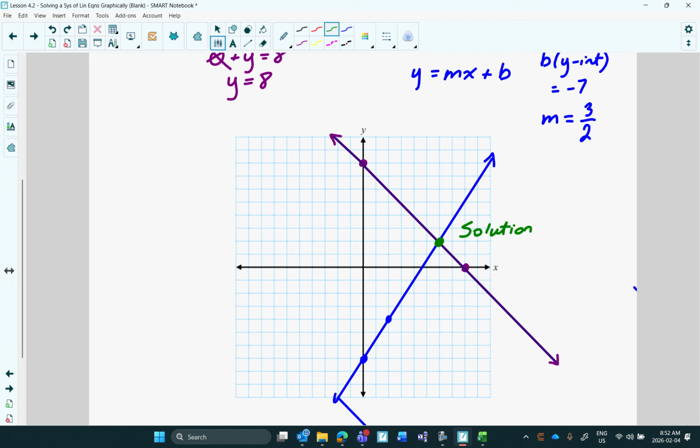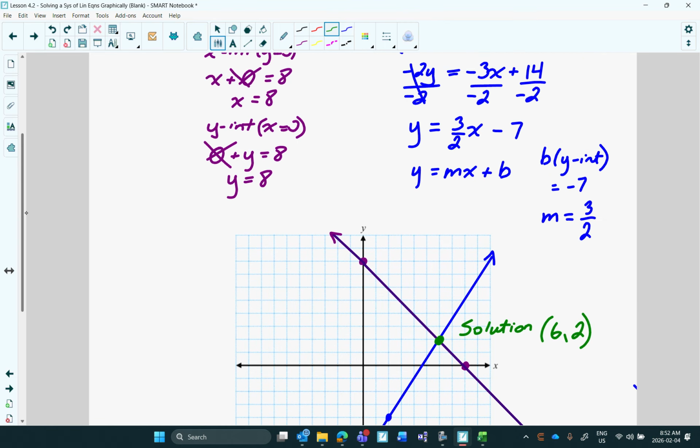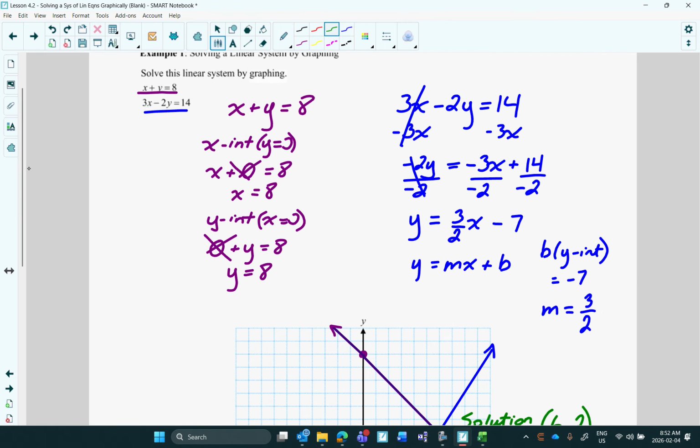And that's the answer. And it works. Like, if you look here, 6 plus 2 equals 8. 3 times 6 minus 2 times 2 does equal 14. So it works in both. Okay.